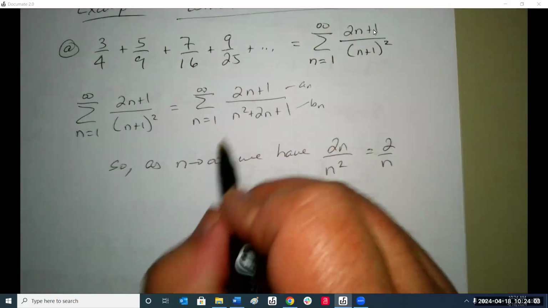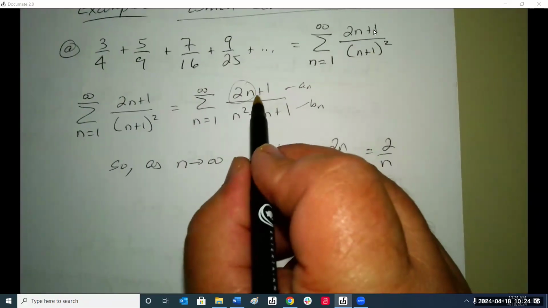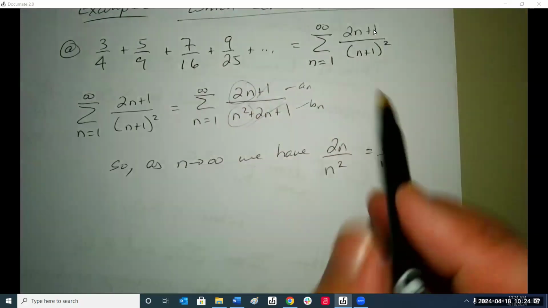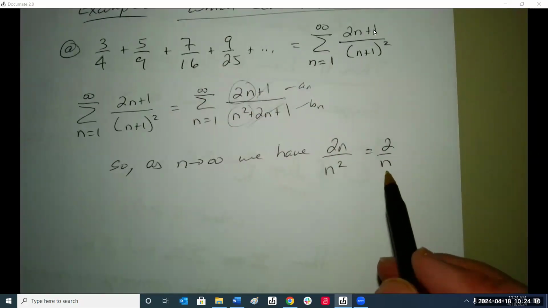As n goes to infinity, the top dictates the numerator and the bottom dictates the denominator, so we get that.